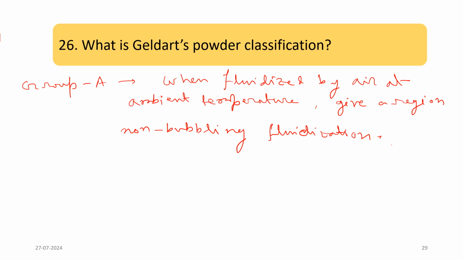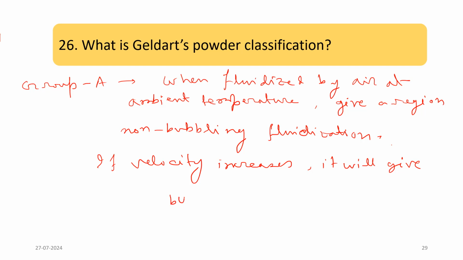But if the velocity increases, it will give bubbling fluidization. This is the first type of particle, that is group A.